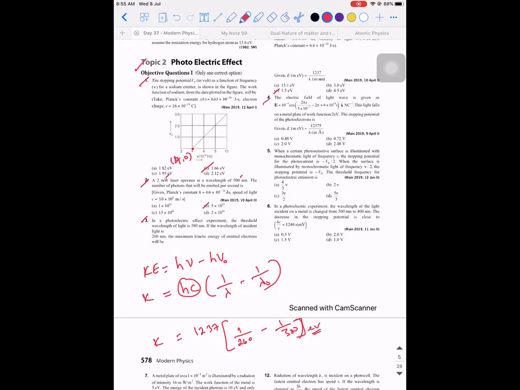Next one. The electric field of light wave is given as E is equal to 10 power minus 3 cos of 2 pi x divided by 5 into 10 power minus 7 minus 2 pi into 6 into 10 power 14 t x cap Newton per coulomb. This light falls on a metal plate of work function 2 electron volt. The stopping potential of the electrons is.